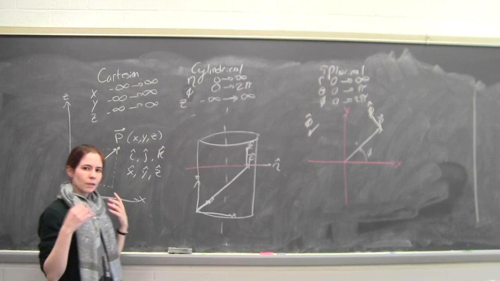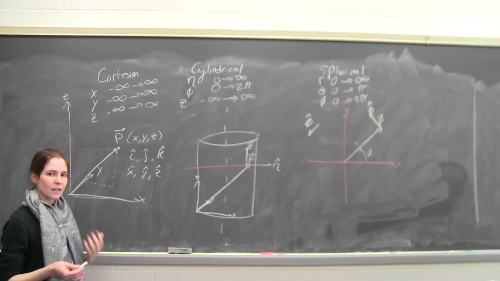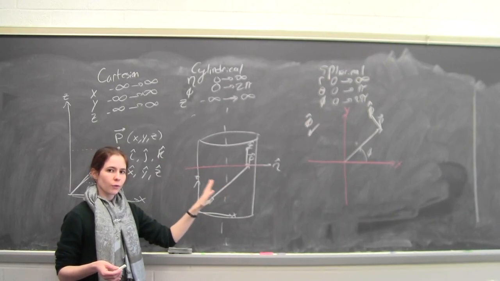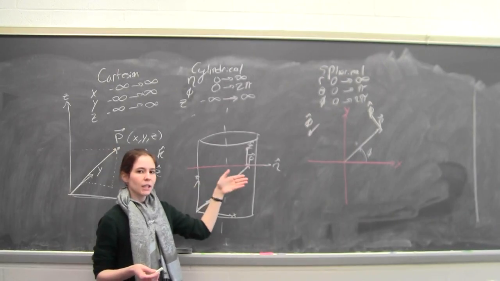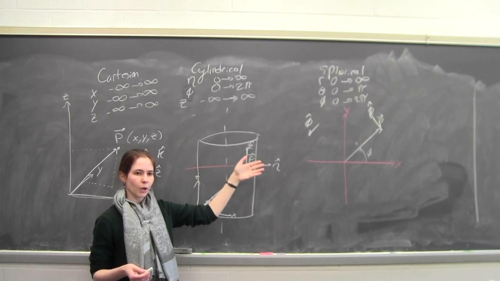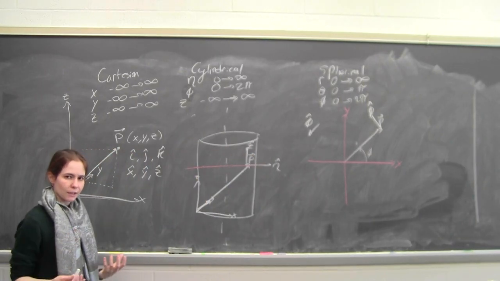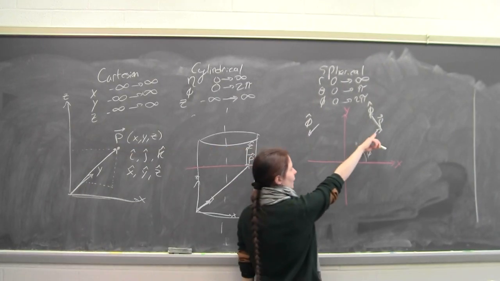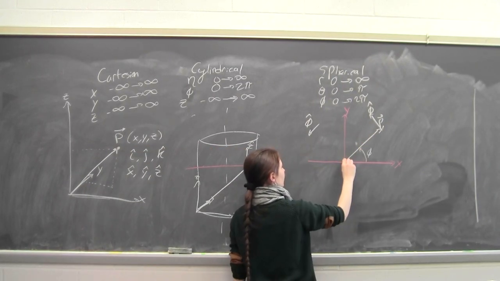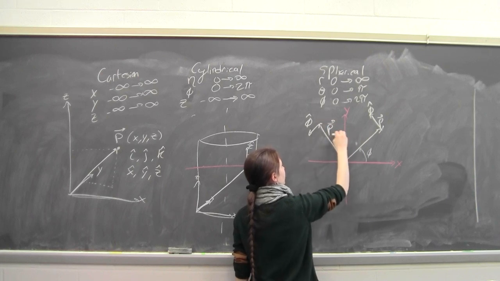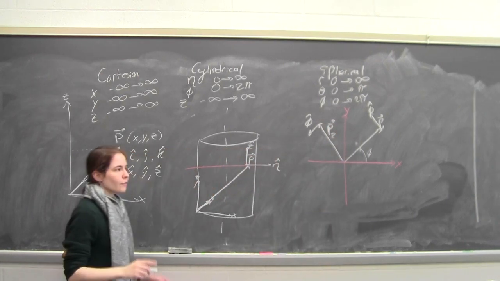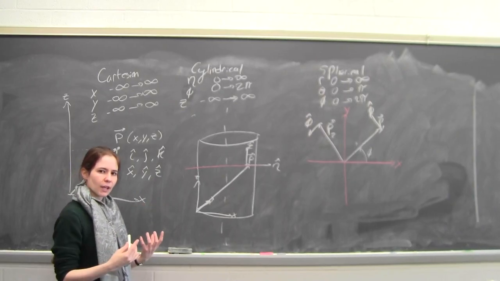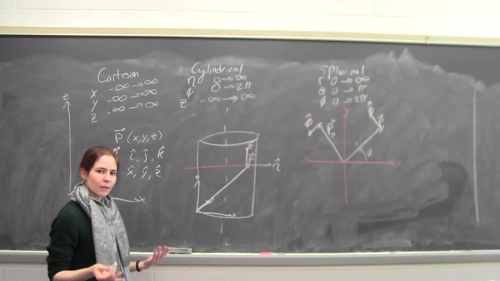And so the fact that these components keep changing direction, depending on where you are in space, means that while they are still useful for describing a vector in cylindrical or spherical components, they are not useful for adding vectors together, right? If I have one vector p1 over here, and then let's say I had another vector p2 over here, if I added those phi hat components together, as I was adding the vectors together component-wise, I wouldn't get something that made any sense.